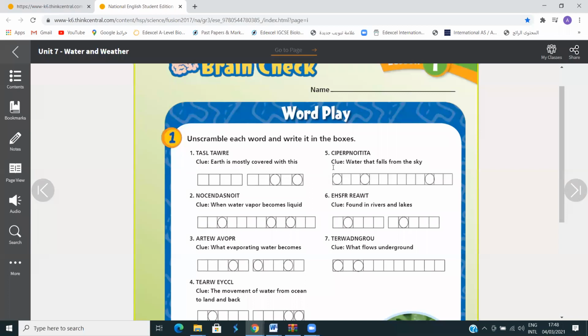Thanks, precipitation. We can also see falling of water as rain, okay, or falling in the form of snow, okay. All of them are precipitation. Thanks.